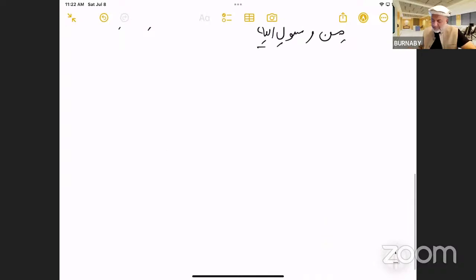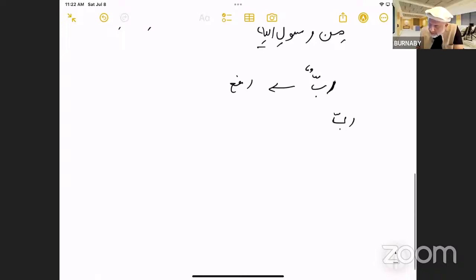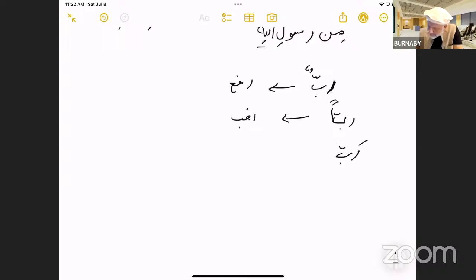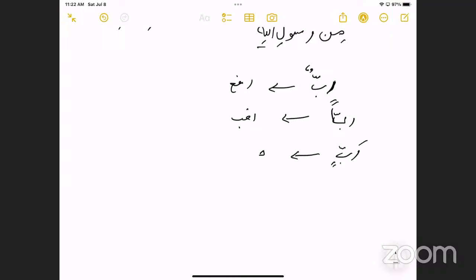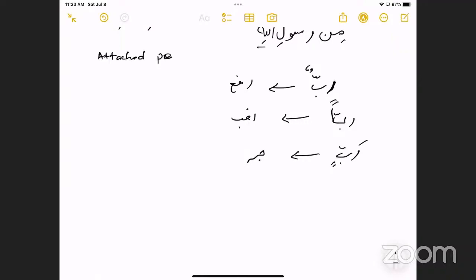Let's take another example. If I say Rabbun, what is the status of Rabbun? Rafa. What is the status of Rabban? Nasab. And Rabbin? Jar. Then we also have attached pronouns.